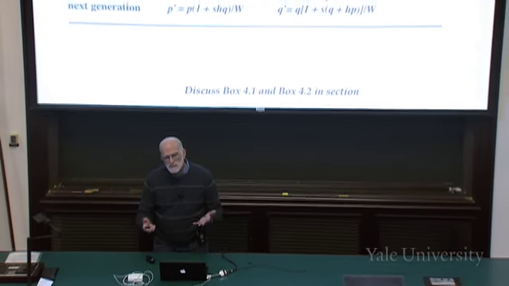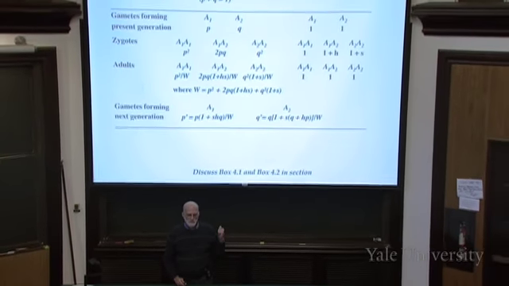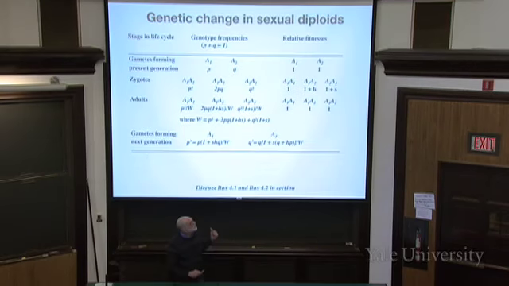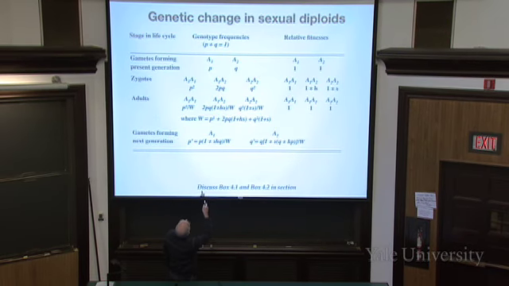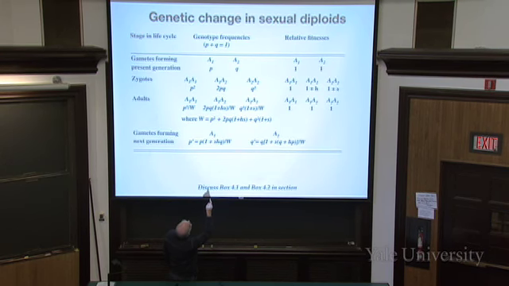This is the table for sexual diploids that reflects this kind of thinking. It is more complicated because now we have to keep track of both the haploid and the diploid condition. So we have these haploid gametes with frequencies P and Q. We have the diploid zygotes.